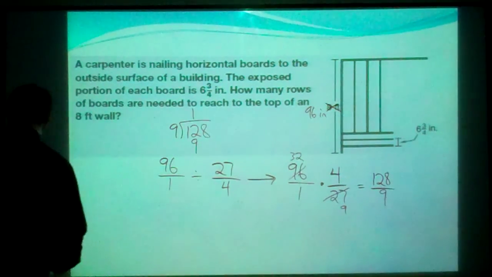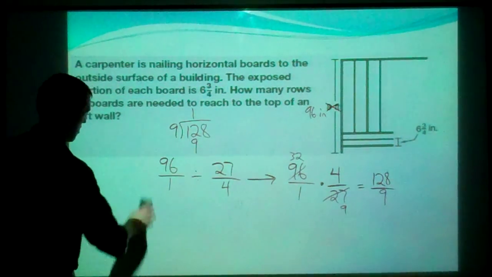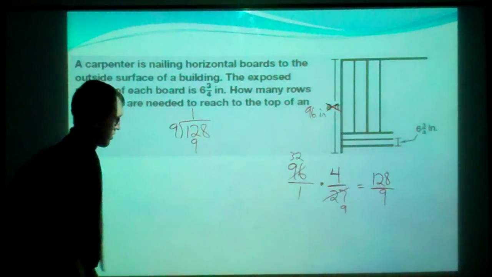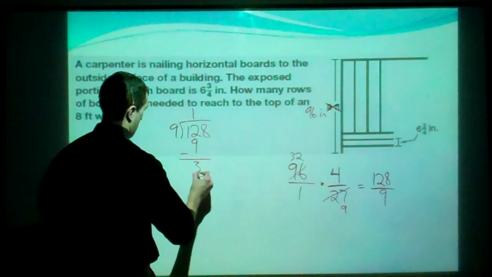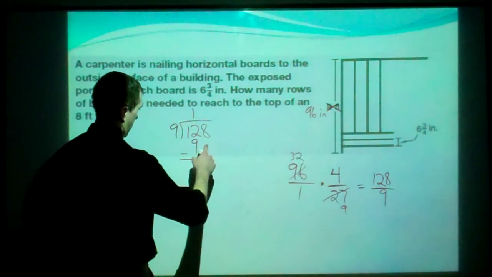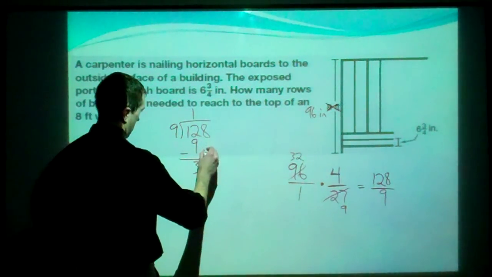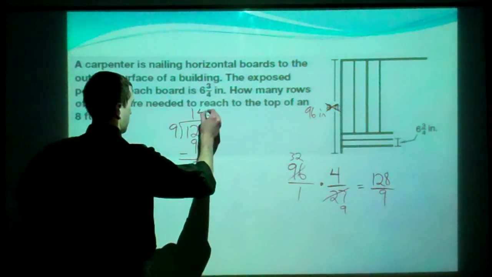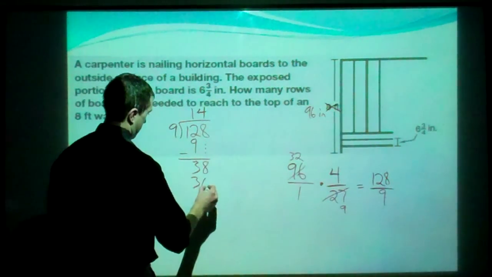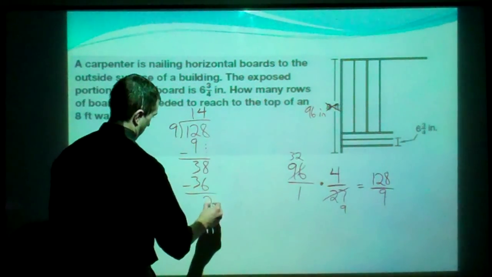Times 9. Minus 9, we get 3. Drop down our 8 here. 38. 9 goes into 38 4 times. 4 times 9 is 36. Subtract, we get 2.